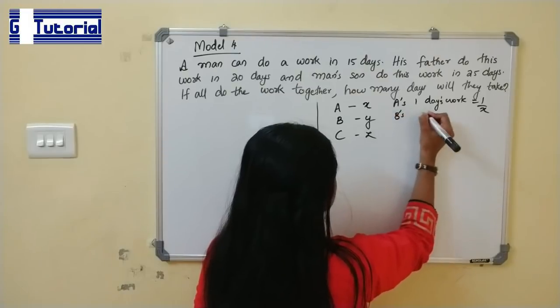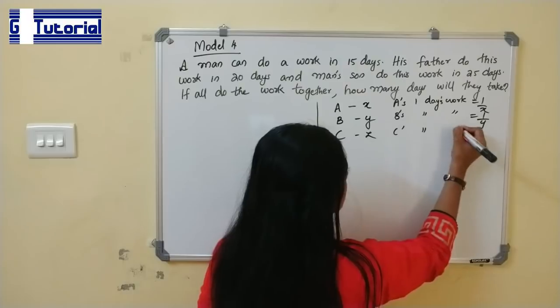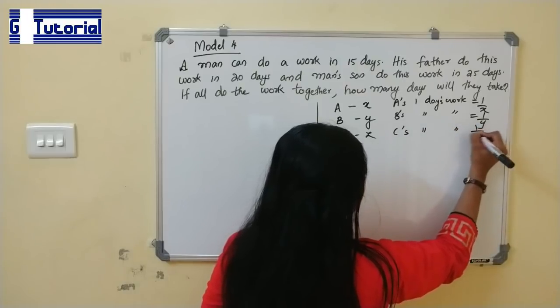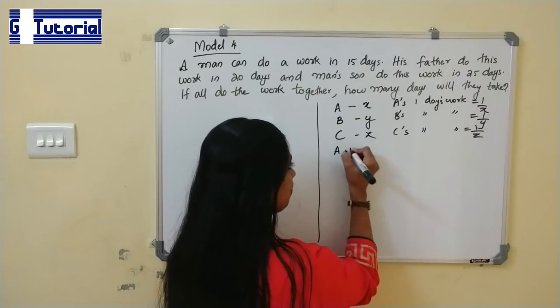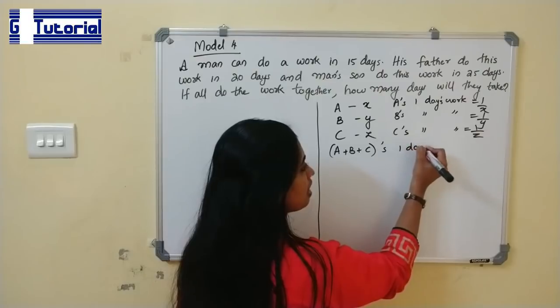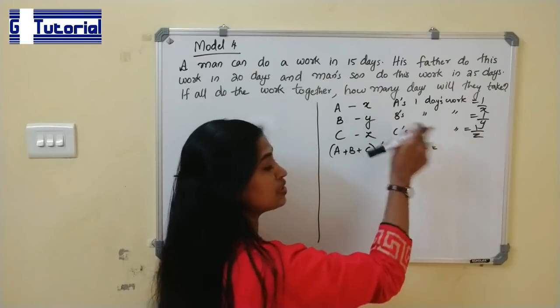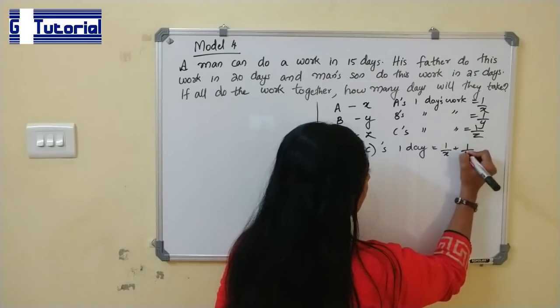B's 1 day's work is 1 by y. And C's 1 day's work is 1 by z. If they work together, then A plus B plus C's 1 day's work is the sum of each one's 1 day's work. So it is 1 by x plus 1 by y plus 1 by z.